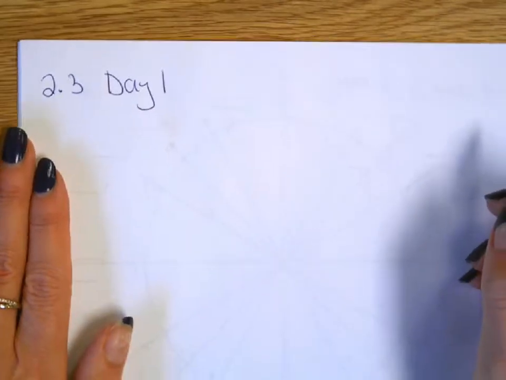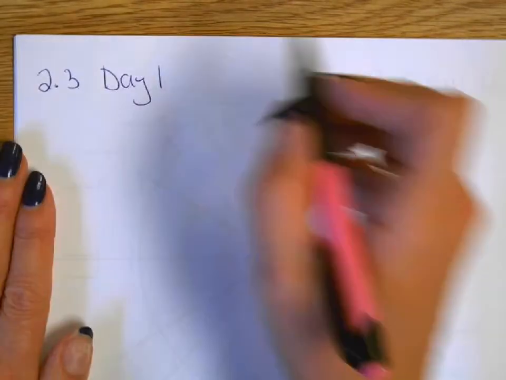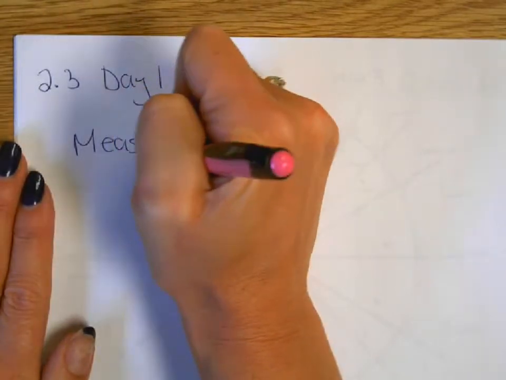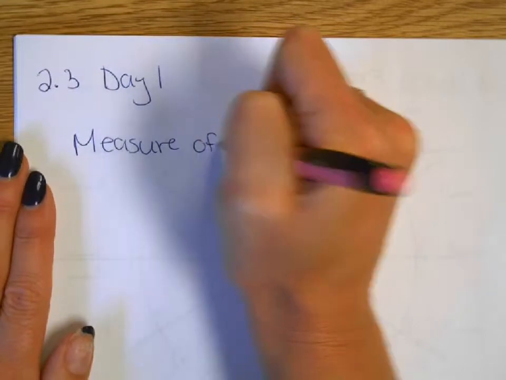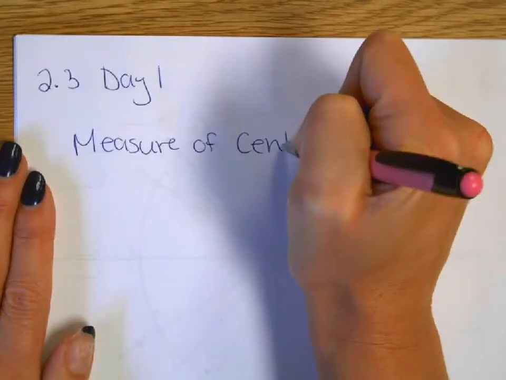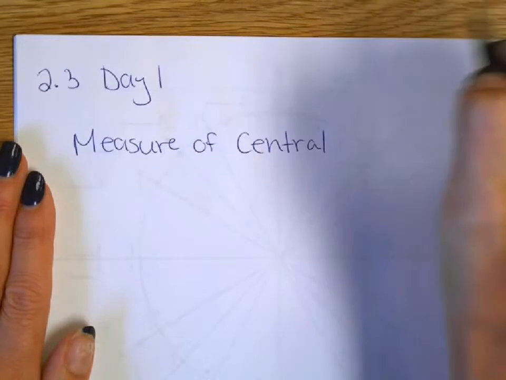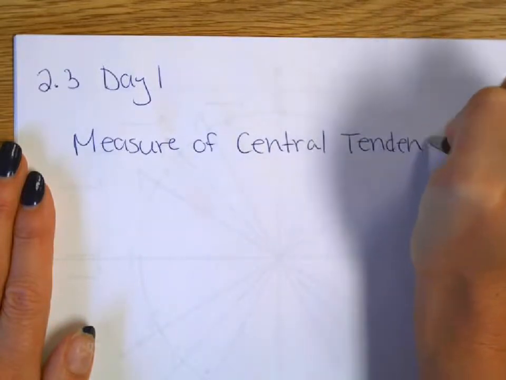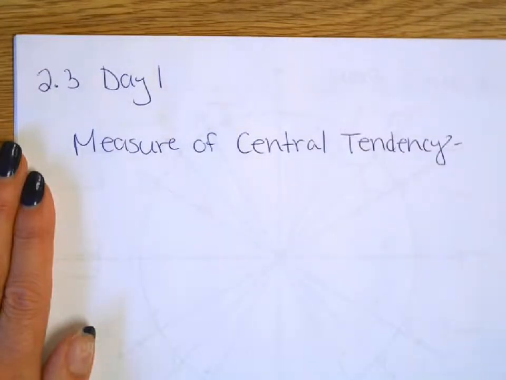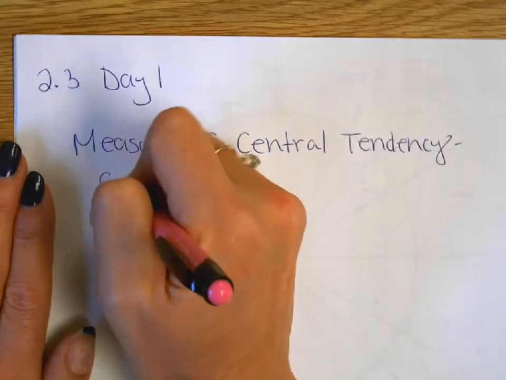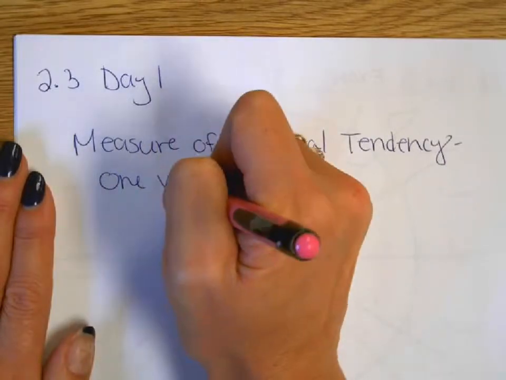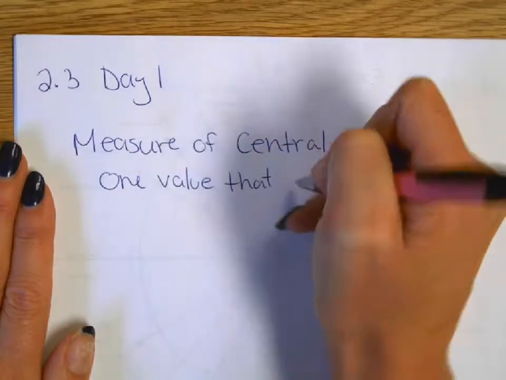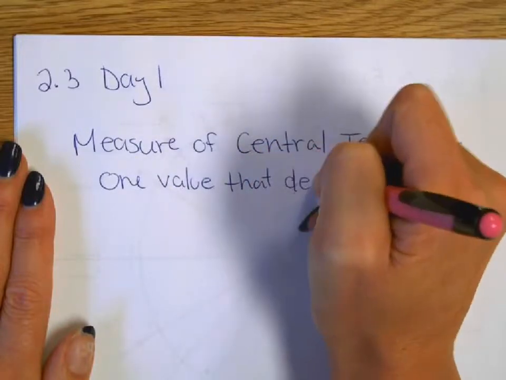So these three things I'm going to talk about today you are familiar with. They are your measures of central tendency. So what we have is one value that describes the whole data set.